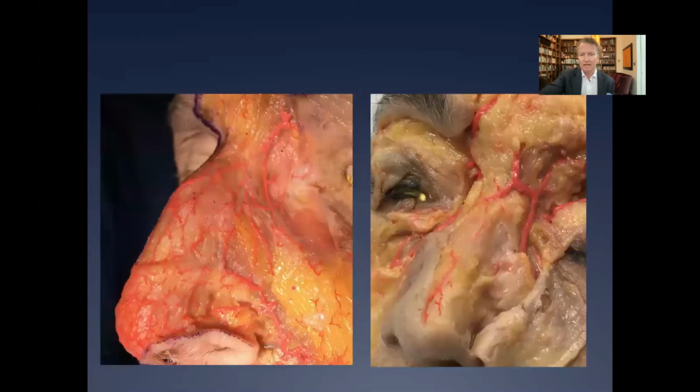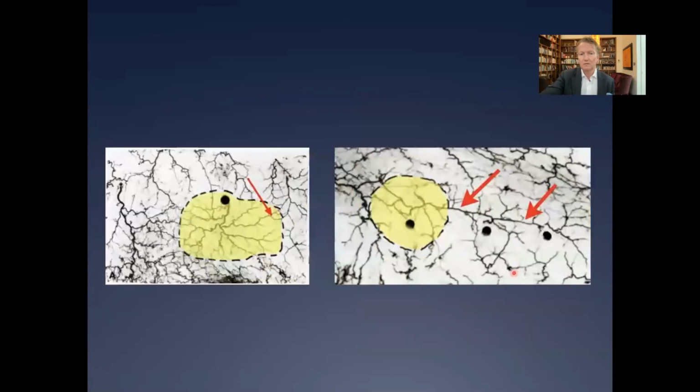So a cadaver study that I did 2 years ago, just showing the difference between the two. This is the angular artery and the dorsal nasal artery. This is an example of choke anastomoses. Same vessels interconnected now by a true anastomosis. And if we look at another lead oxide study, we can see here's another example.